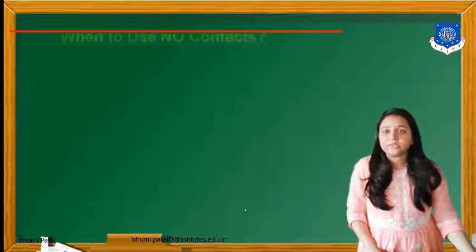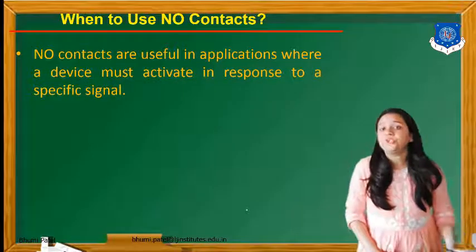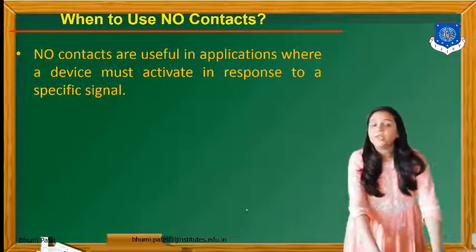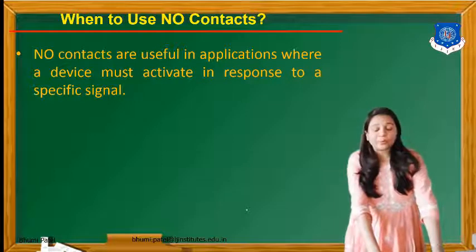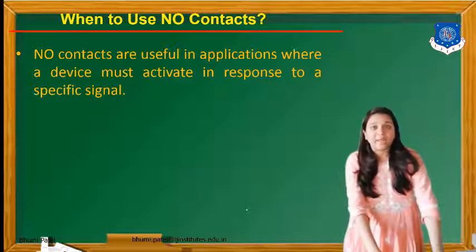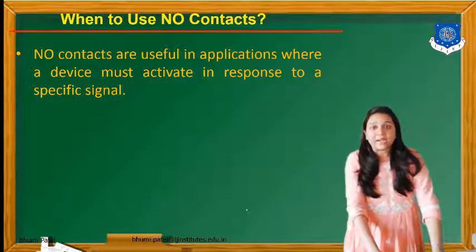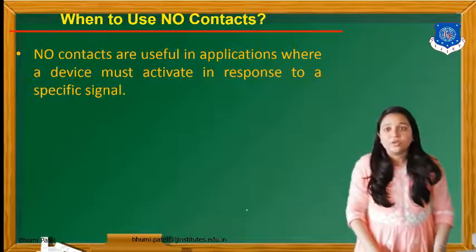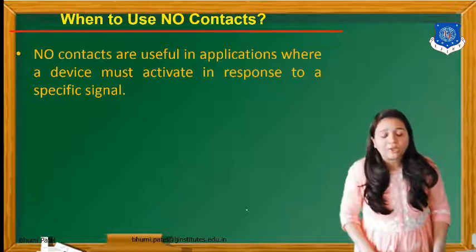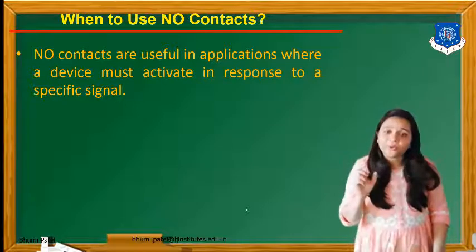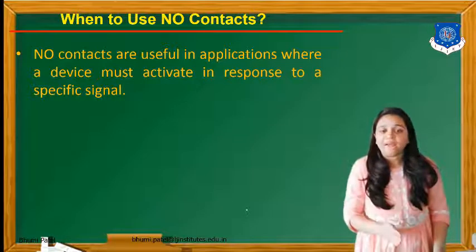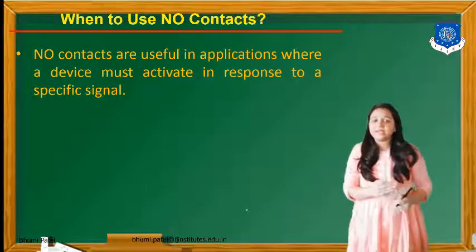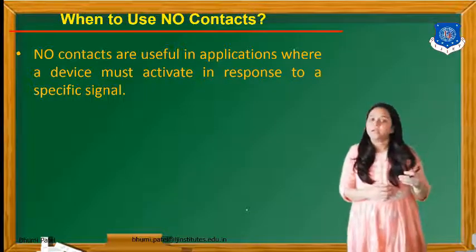Now the next one is when to use a normally open contact. Normally open contacts are useful in applications where a device must activate in response to a specific signal. When we use a normally open contact, if the input is applied, the signals A and B will be on and we get the output.